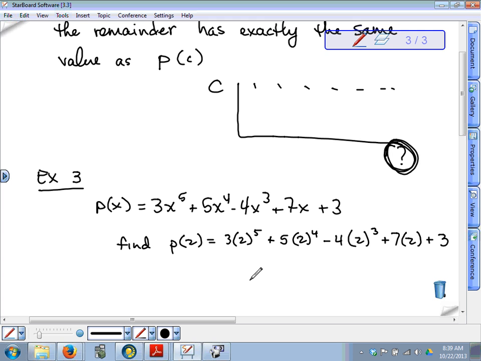You just plug it in for all the x's. Is this going to be necessarily easy to do by hand? Not so much. We can do it, but it's not going to be easy.